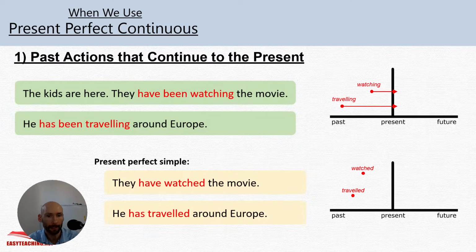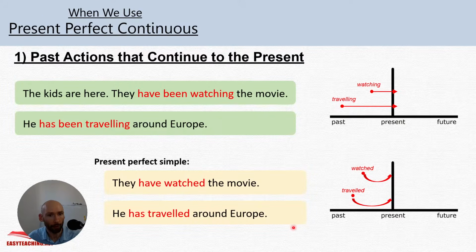It's just telling us that this is an action that occurred in the past. He has traveled around Europe. That sounds like an action that has occurred and he's not traveling anymore. With the present perfect continuous, as we said before, they are being brought into the future and they're continuing.